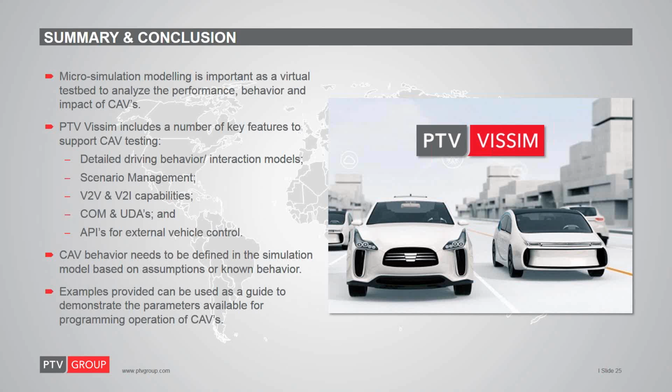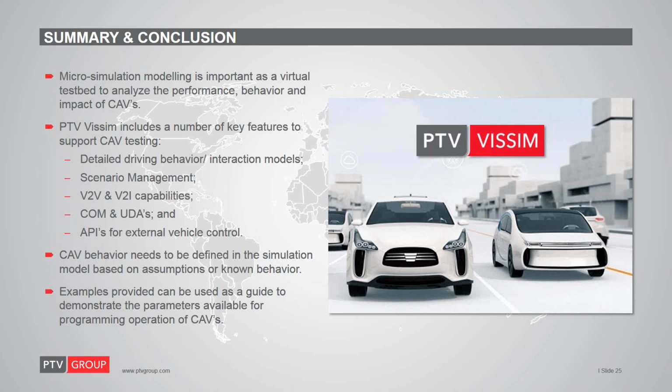So as you've seen, we have very detailed driving behavior interaction models, but we also have things like scenario management, which allows you to do multiple simulations, changing individual parameters sequentially, little by little, and then actually taking the results out and analyzing what the differences are between those, perhaps identifying what the key parameters would be that would give you optimal operation of your transport systems.